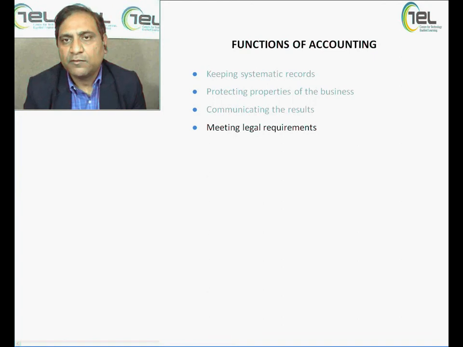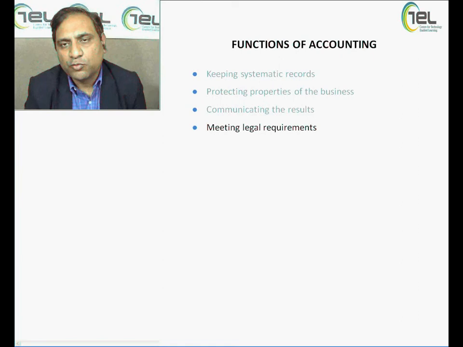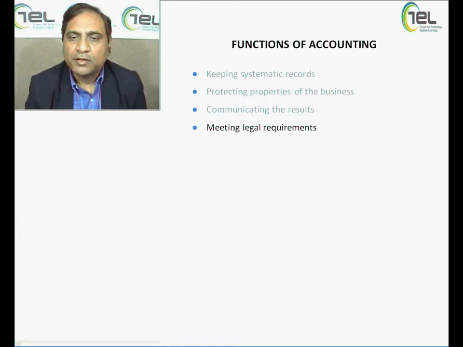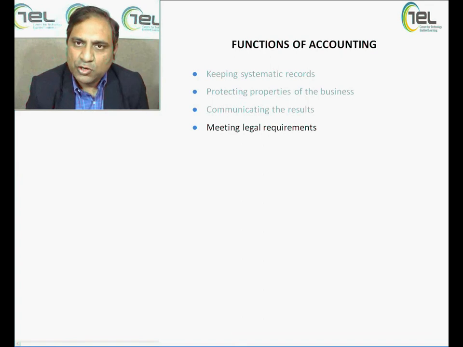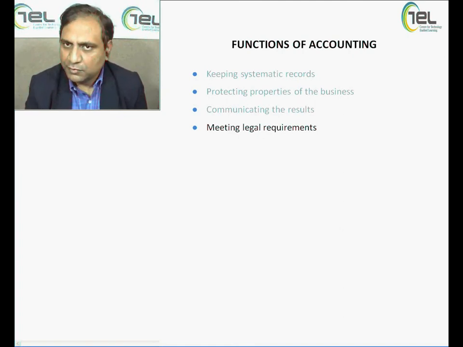That means, is the profit okay, or should it have been more or less. Therefore, the legal requirements also require that the accounts are properly maintained and communicated. After all, government is one of the stakeholders. They do take their taxes based on this reporting.